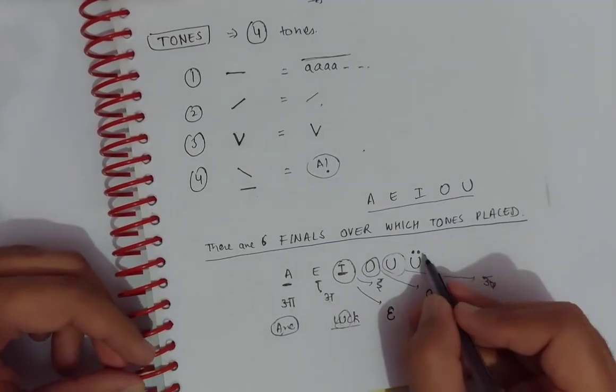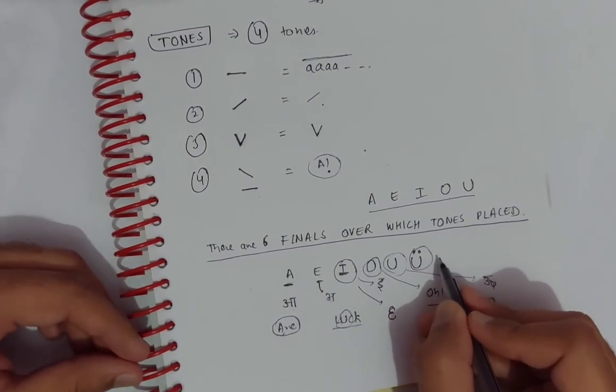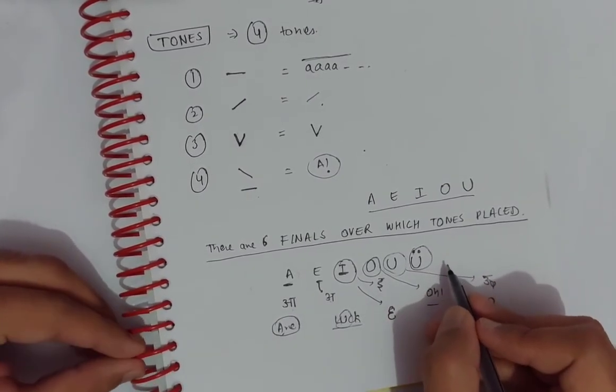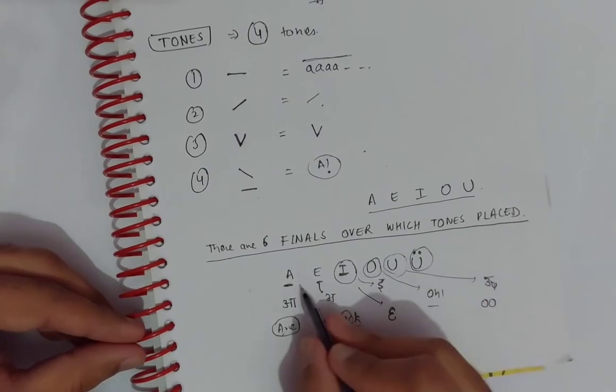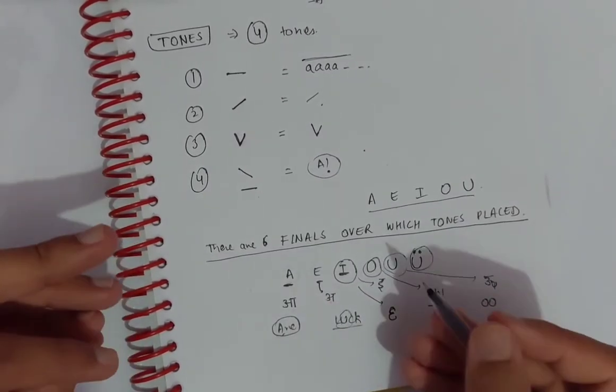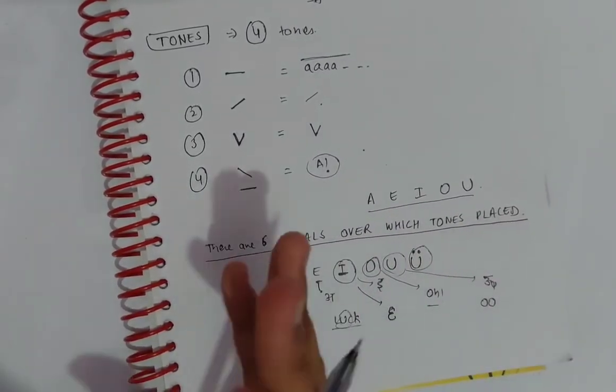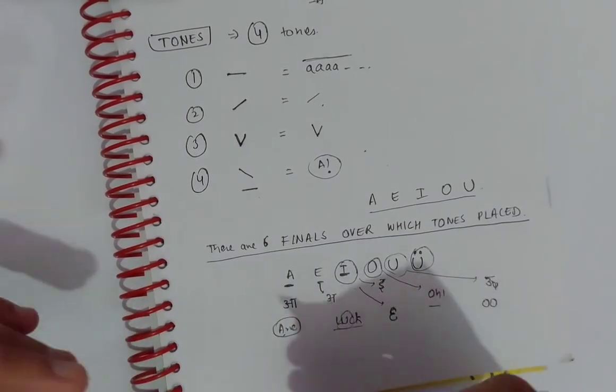And this special vowel in Chinese: there are 5 vowels in English, but here there are 6. In Chinese we don't say vowels or alphabets, we say finals and initials.